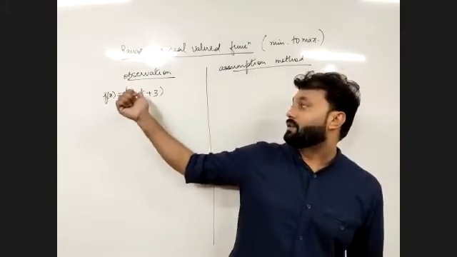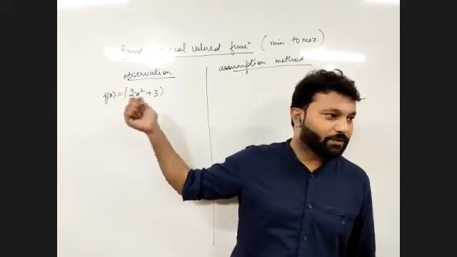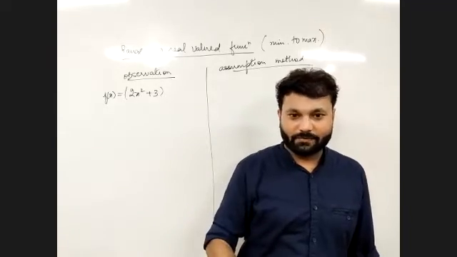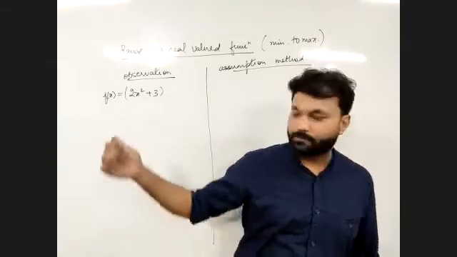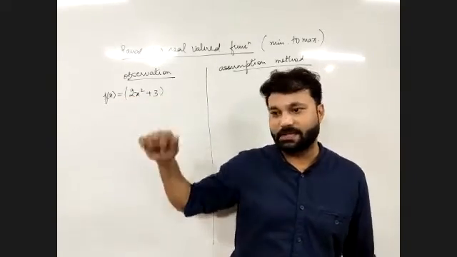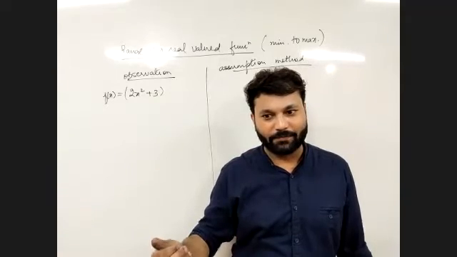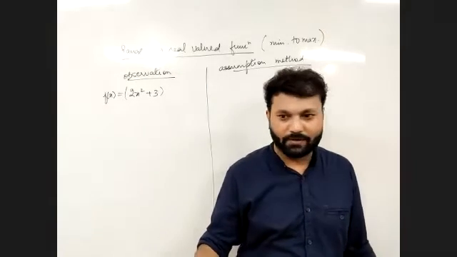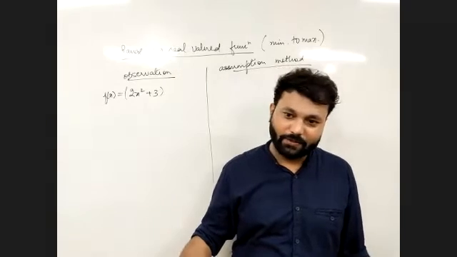So now this particular function, f(x) is equal to 2x square plus 3. Can we conclude anything about only x? If it would have been only 2x plus 3, could we conclude anything?